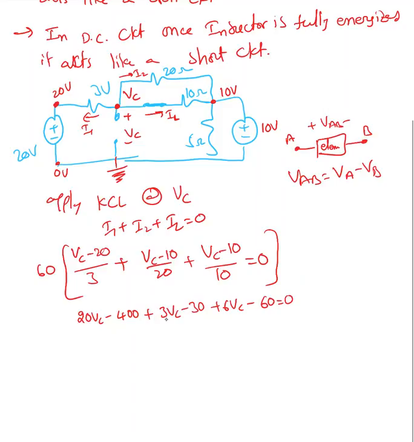So I have 20 plus 3 plus 6, that's 29 VC equals 490. VC equals 490 over 29, which is 16.89 volts.